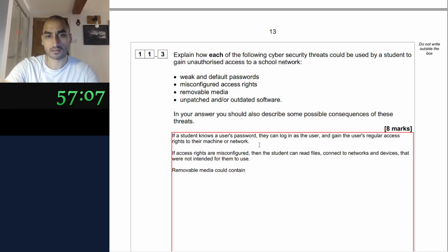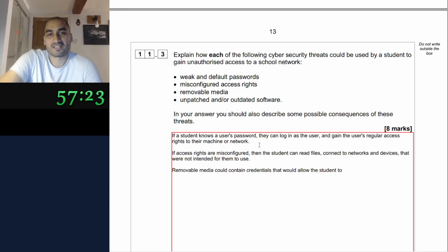Could contain credentials that would allow the student to gain unauthorized access. It always comes down to gaining unauthorized access, so gain unauthorized access.